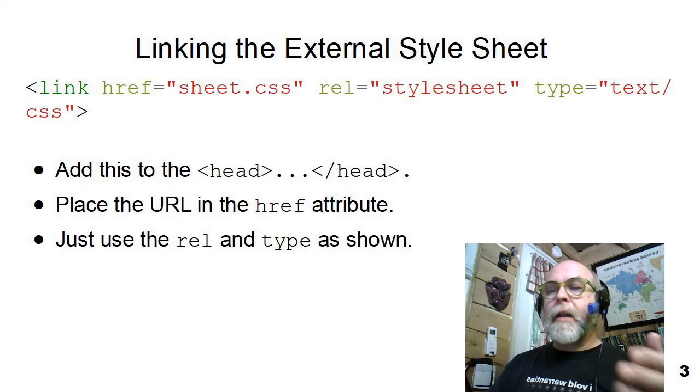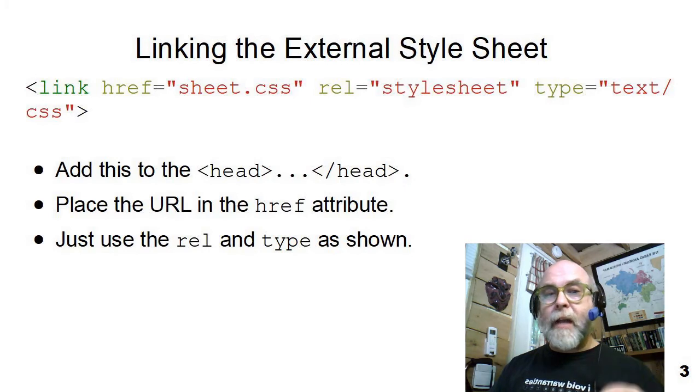First thing I want to talk about isn't on this slide, but it's creating an external style sheet. What you are going to need to do to work out these examples is to open up a folder where your HTML document is and create a new text file within that folder.